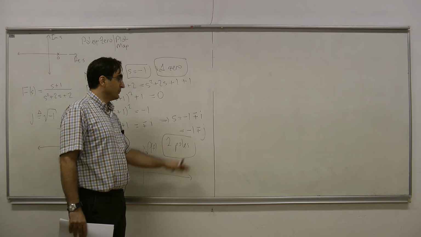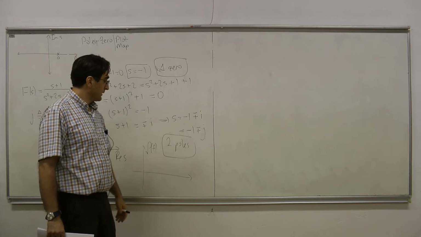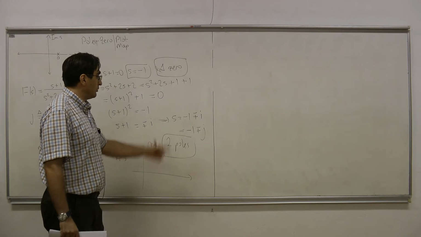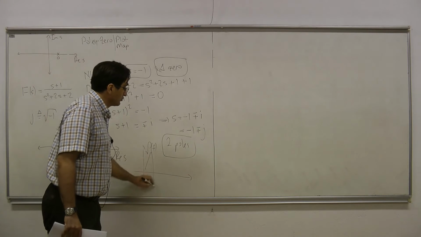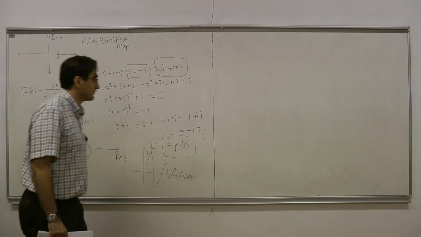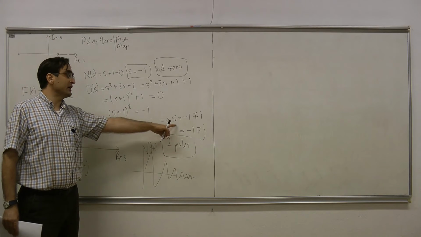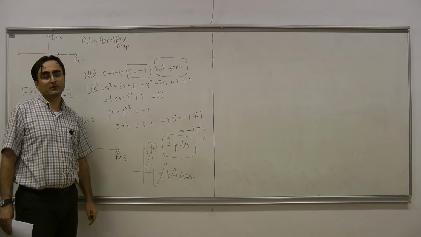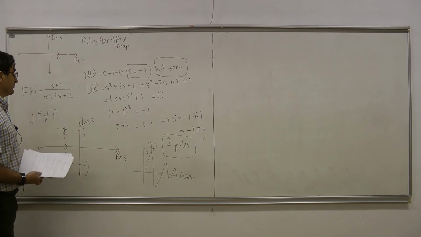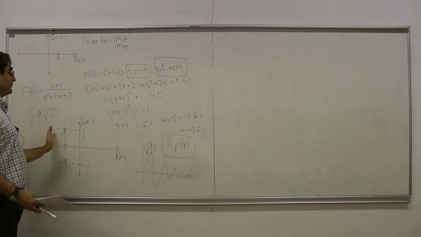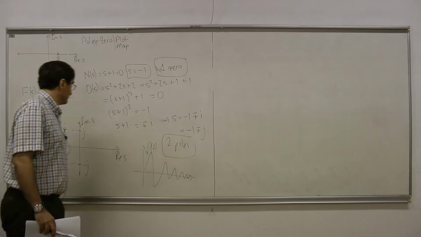Okay? So in f of t, there will be sine and cosine functions somehow. So if I just draw a very, very rough representation of f of t, it's going to be looking like something like this. Okay? And I can actually understand this just by looking at the pole locations of this function. If the pole locations are in the left half plane, we are going to see that the functions should decay.